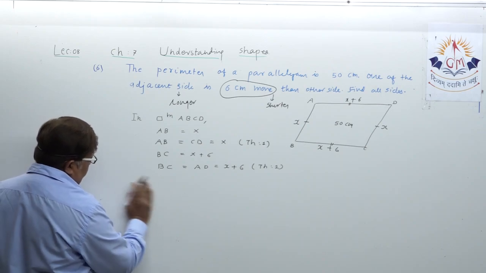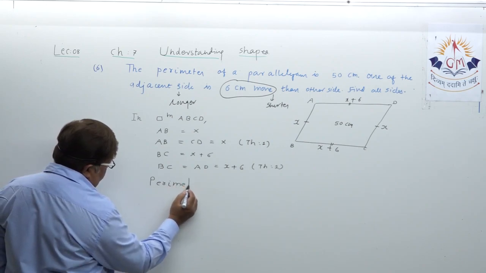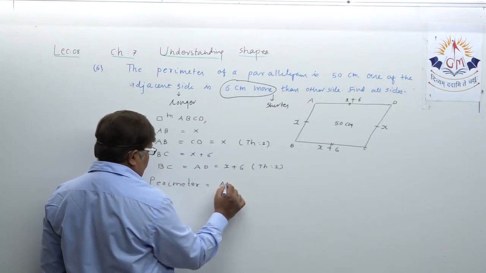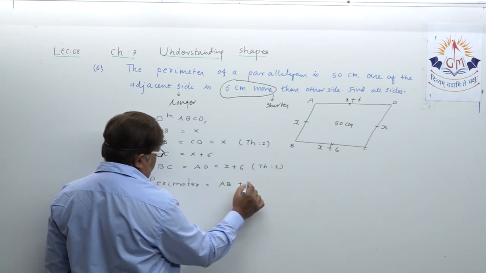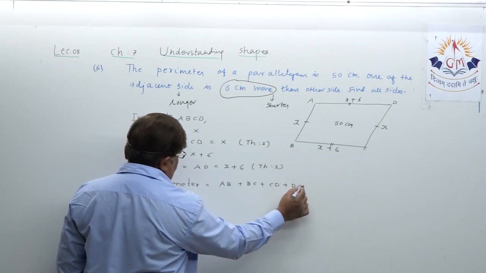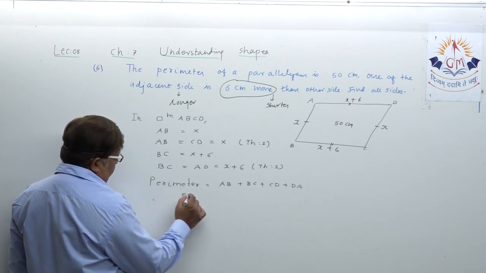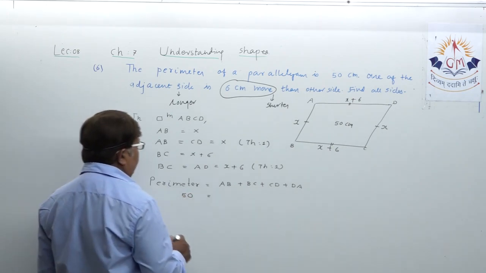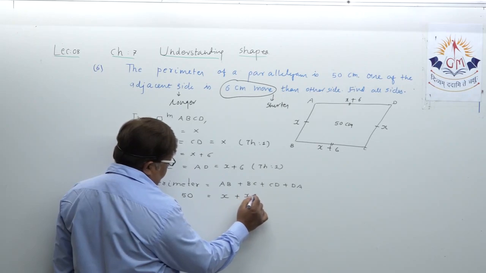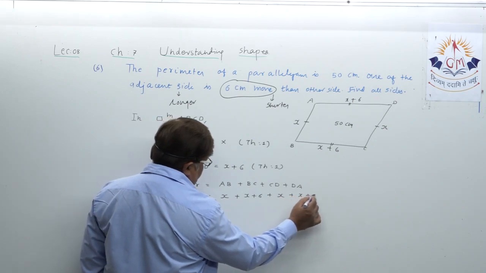Now let us write the next statement of perimeter. Perimeter equal AB plus BC plus CD plus AD. What is the perimeter here? 50 equal to AB means x, BC means x plus 6, CD x, AD x plus 6.